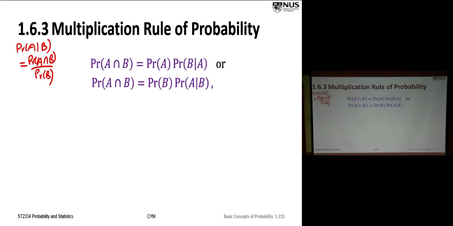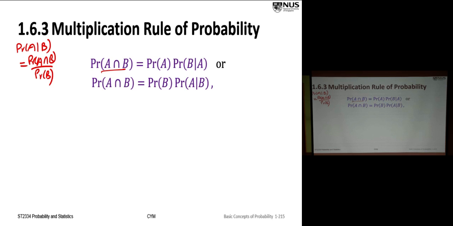Mathematically it's very simple. But once I write it as a multiplicative rule, you can see that the left-hand side simply means I want to find the probability that both A and B occur. I can consider this as the product of two probabilities: the chance of one event occurring first, multiplied by the probability of the second event given the first has occurred.